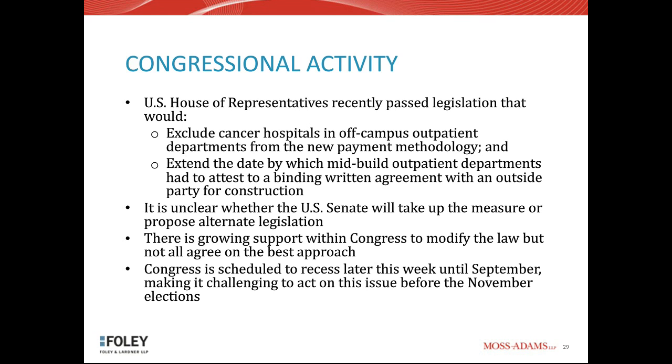They kind of acknowledged rather quickly after it was passed that it was written hastily, and there's significant desire in both the House and the Senate among Republicans and Democrats to try to, for lack of a better term, fix some of the unintended consequences. The problem that they're running into is every potential fix, even the small ones, cost money. And it's difficult for Congress to pass anything these days that costs money because they've got to identify an offset somewhere.